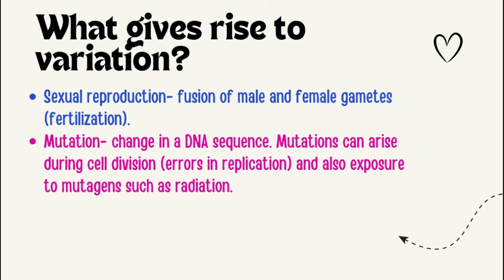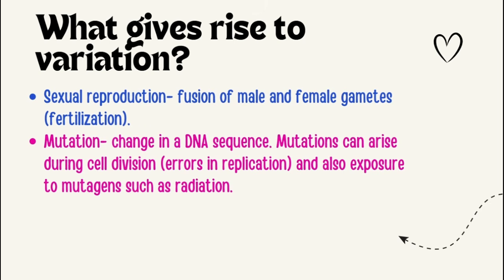And we said before that variation comes from sexual reproduction, the fusion of male and female gametes, so fertilization has to take place, right? Another way that variation can come about is through a mutation, meaning that there's a change in the DNA sequence, right? For example, during cell division, during the S phase, that's where DNA replication takes place.